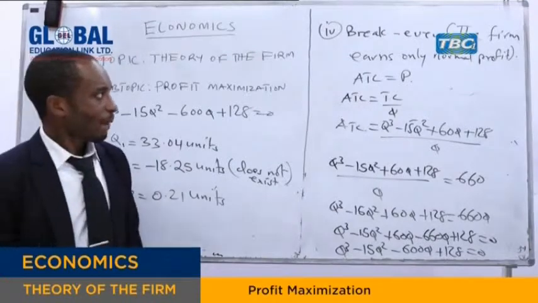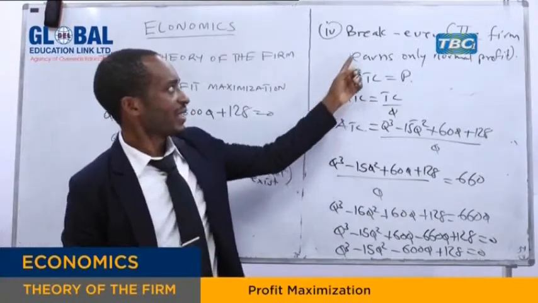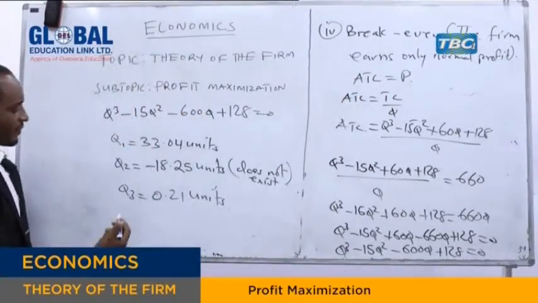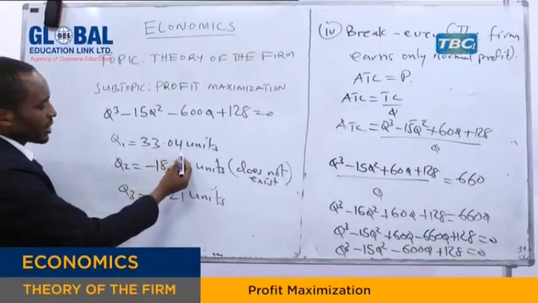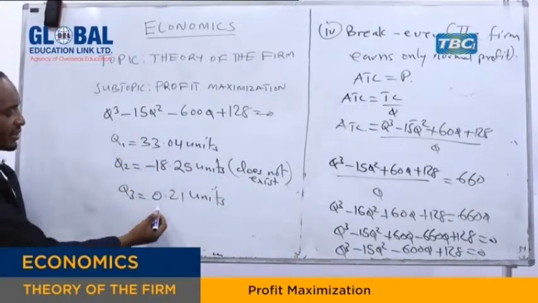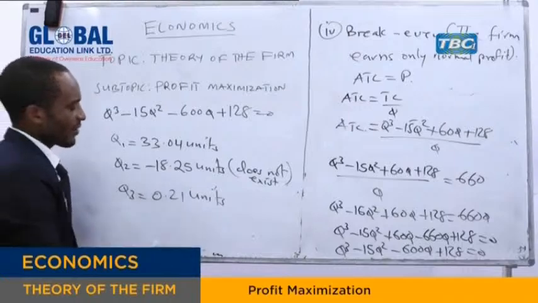So the firm will produce at a break even if the output will be 33.04 units and 0.25 units.